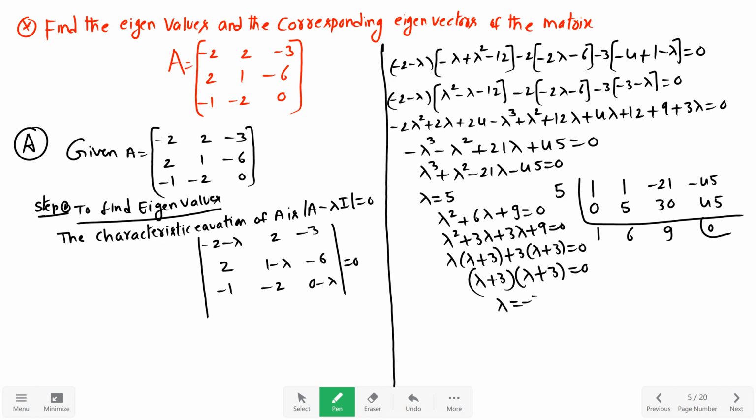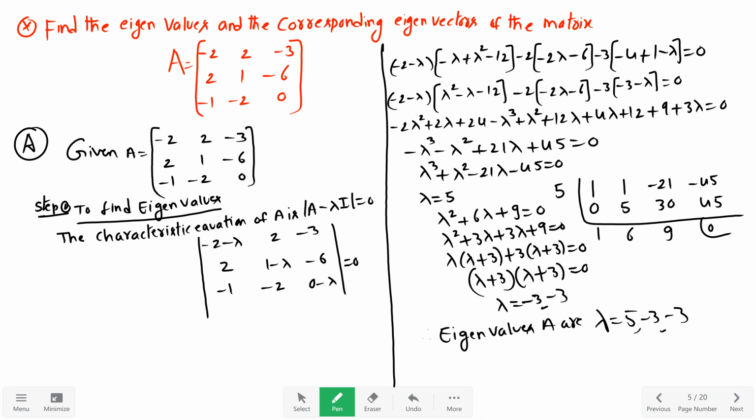Lambda equal to minus 3, minus 3. Therefore, the eigenvalues of A are lambda equal to 5, minus 3, minus 3. First part to find eigenvalues is completed.